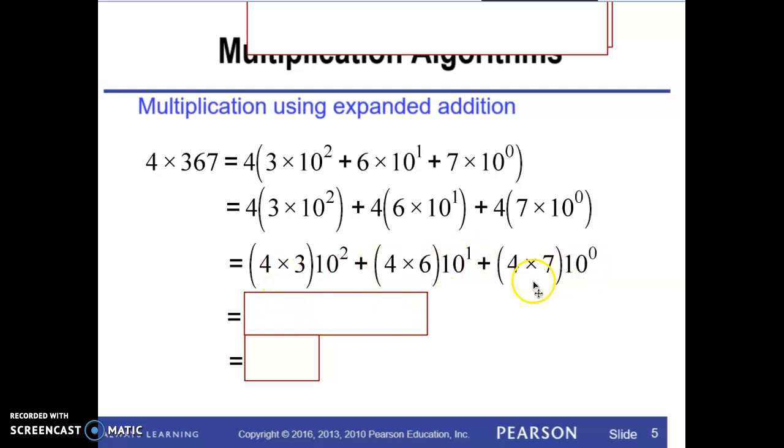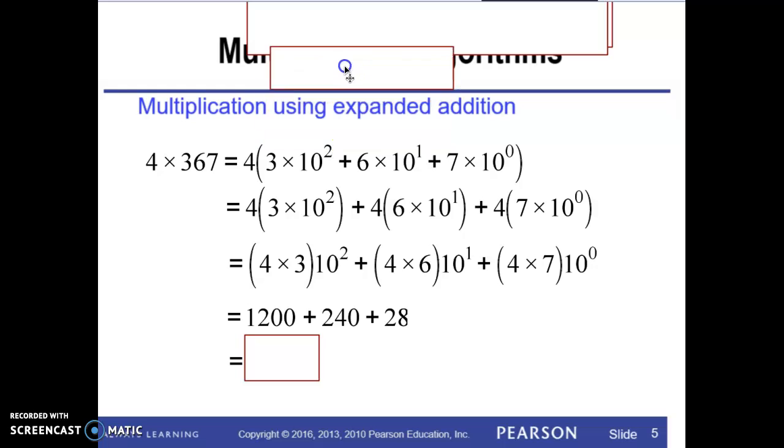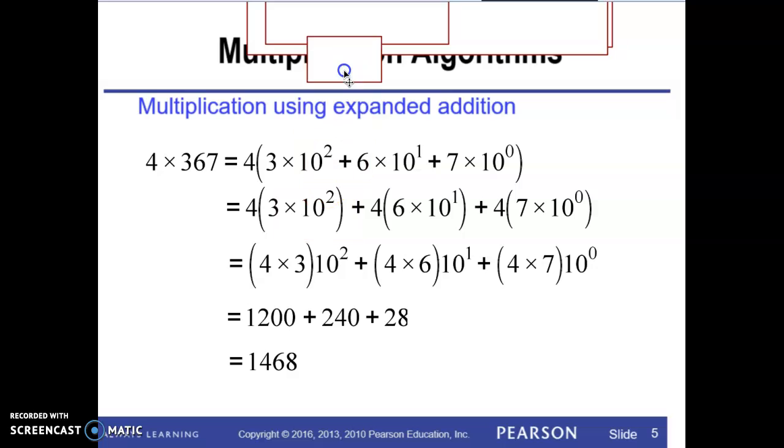And now we can just use our number property. So we'll just multiply those together. 4 times 3 is 12. 10 times 10 is 100. 12 times 100, 1200. That's how I'm simplifying this line. And then we'll add them together. So final answer there, 1,468. And that might help your students understand why we put things in the position that we do when we multiply them together.